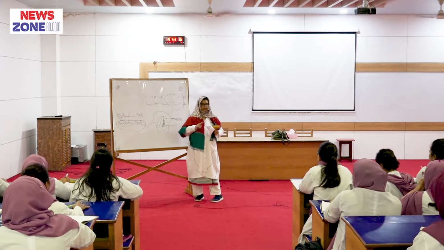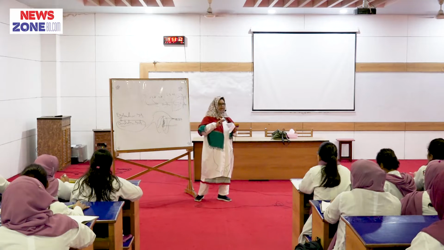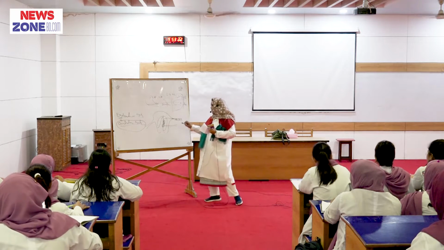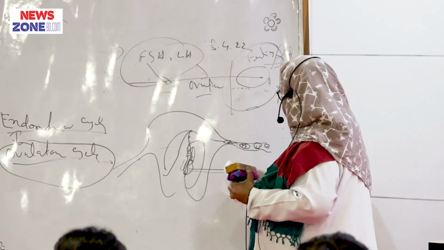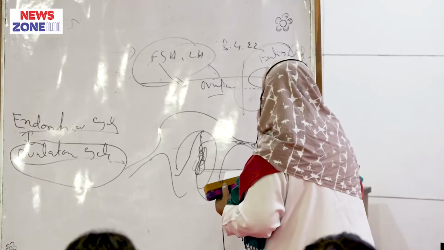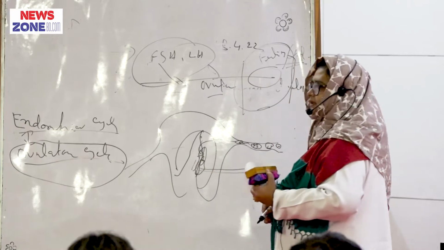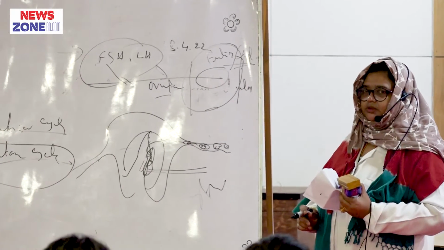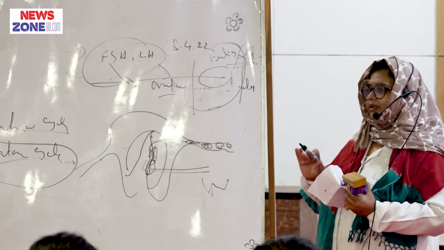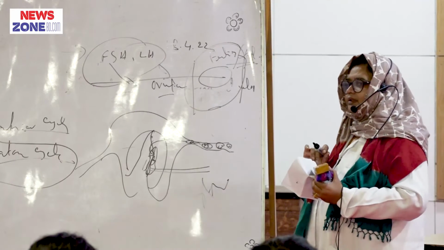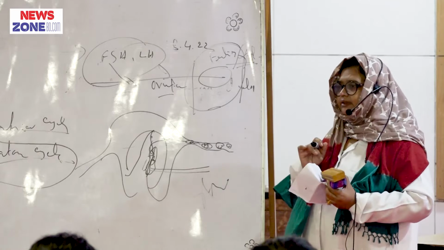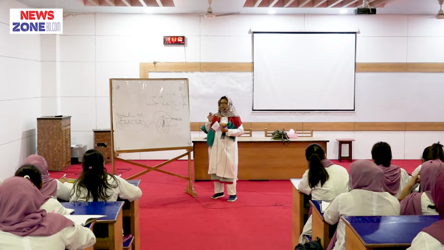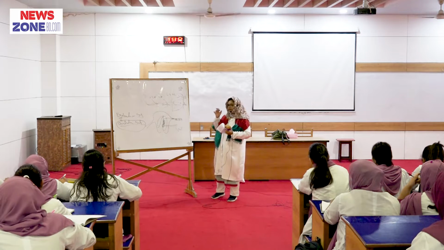There are layers: a functional layer and another, the basalis. The layers are stratum compactum, spongiosum and basalis. The basalis remains and the other two layers shed. So most decidual changes occur in these two upper functional layers.